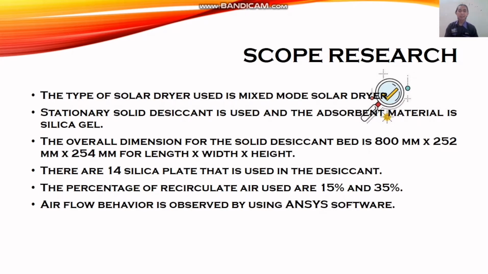There are 14 silica plates used in the desiccant, in an inverse V shape. Other than that, the percentages of recirculated air used are 15% and 35%, and the airflow behavior is observed by using ANSYS software.